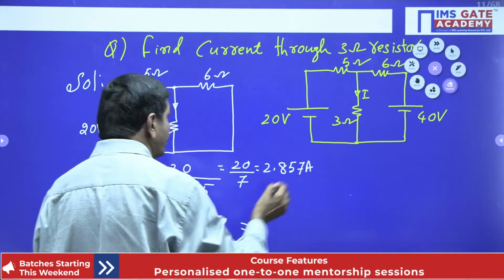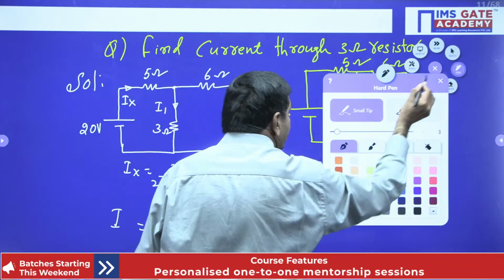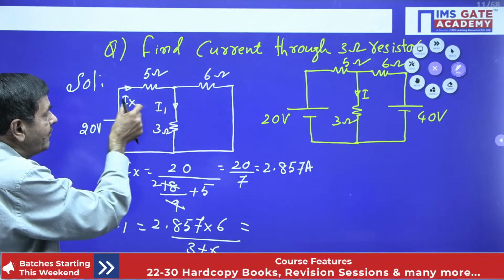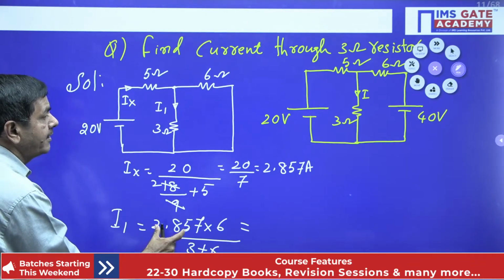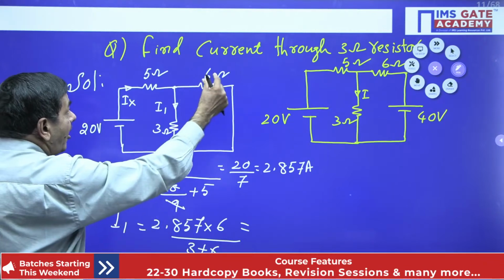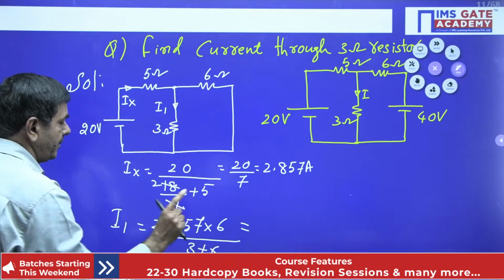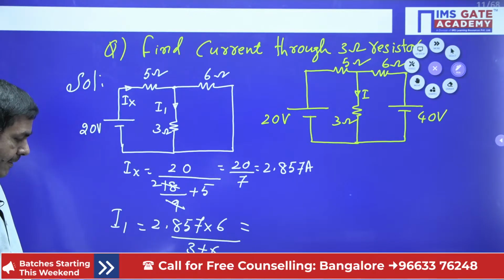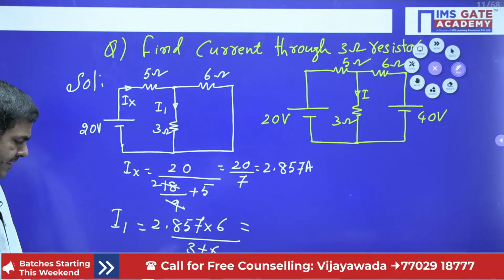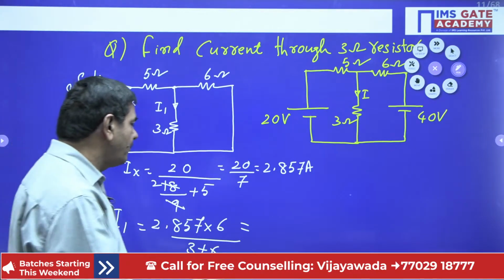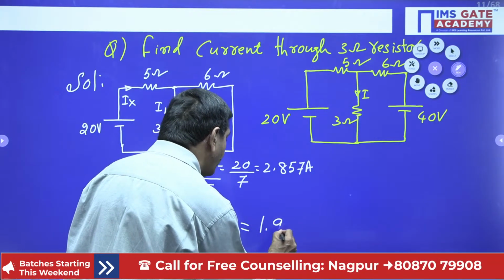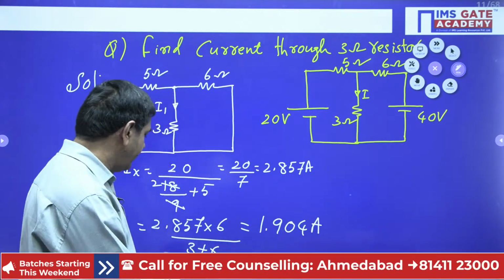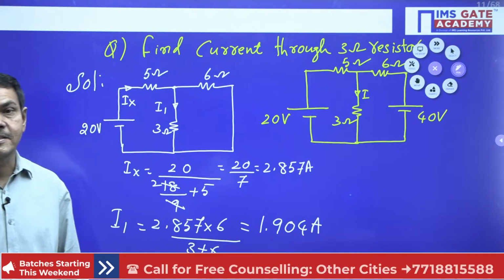We are finding the I1 value here. So I1 equals Ix into opposite resistance by 3 plus 6. If you use the calculator, its value will be 1.904. 1.904 amperes of current is passing through this one. That way we can find I1 itself.